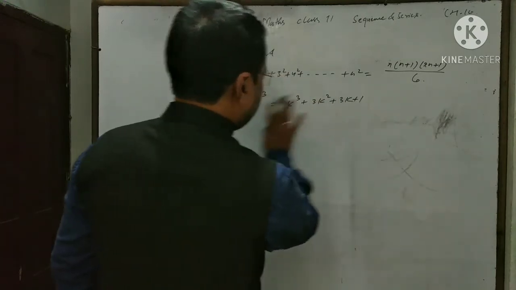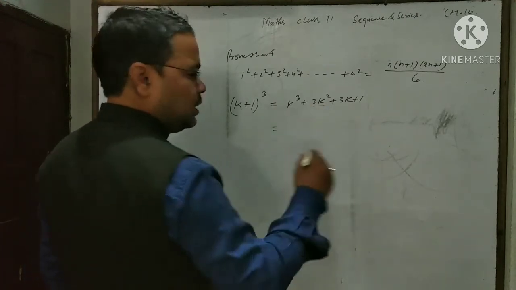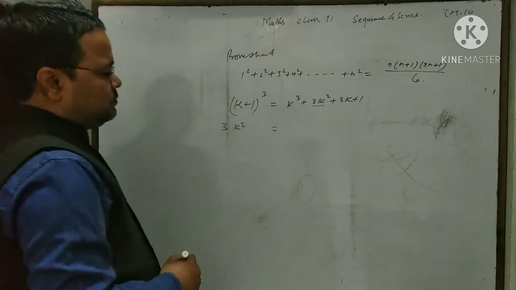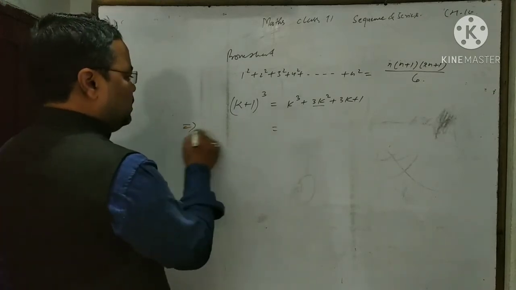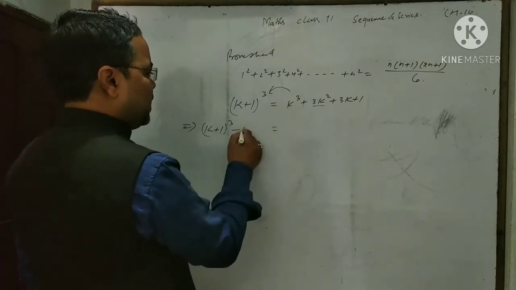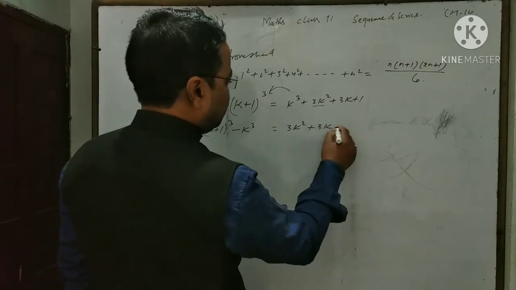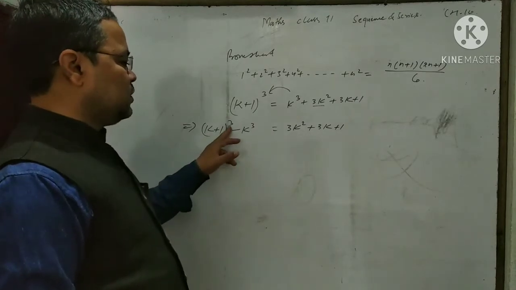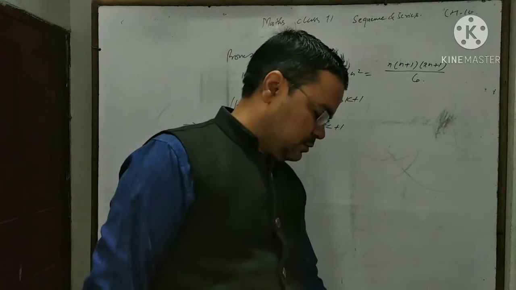Since we need k square, it will be better if you write this one: (k plus 1) cube, transfer this to this side, minus k cube is equal to 3k square plus 3k plus 1. Get it? (k plus 1) cube minus k cube equals 3k square plus 3k plus 1.